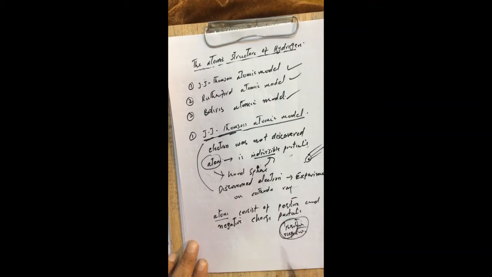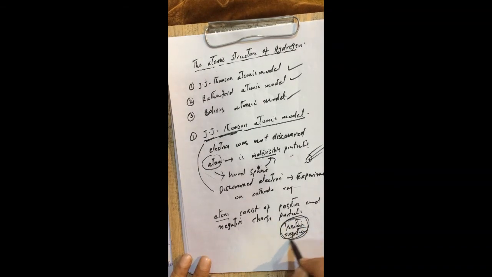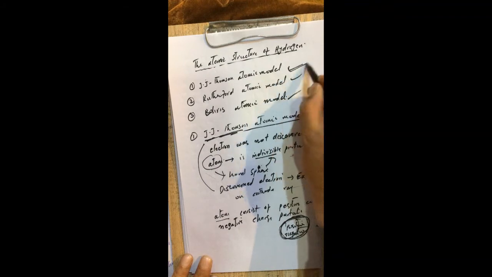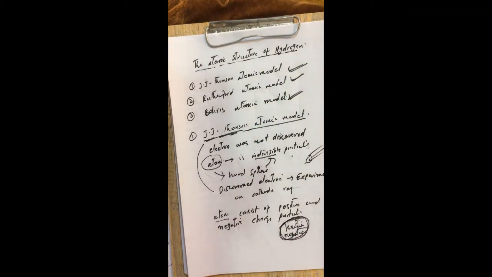So to clarify the arrangement of these positive and negative charges, scientists proposed different models, among which three are most important: the J.J. Thomson model, the Rutherford model and the Bohr model. So first I will discuss the J.J. Thomson model.